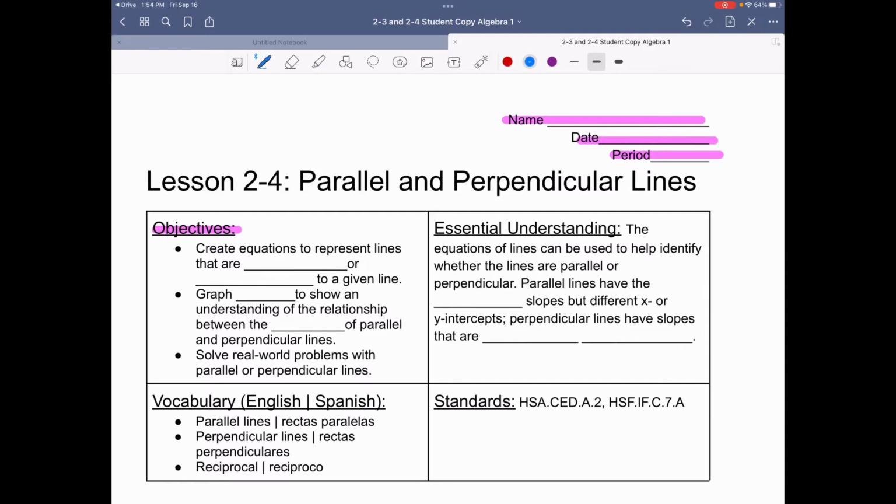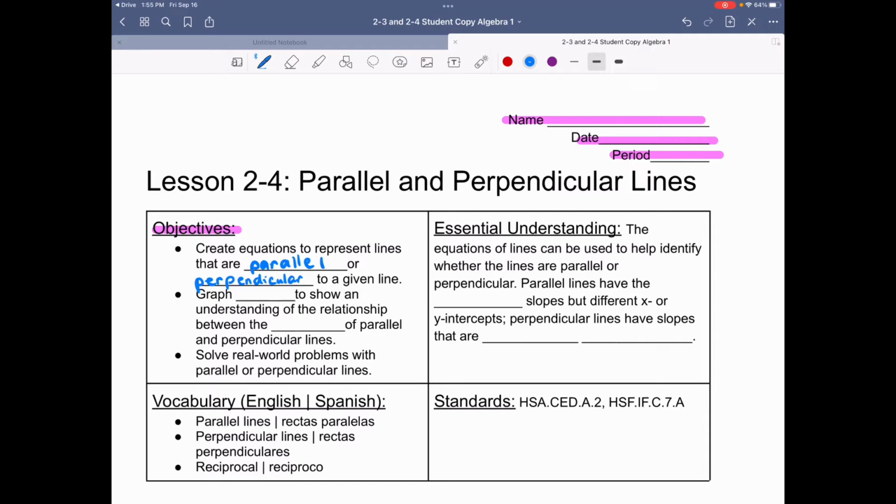Our first one is to create equations to represent lines that are parallel or perpendicular to a given line.